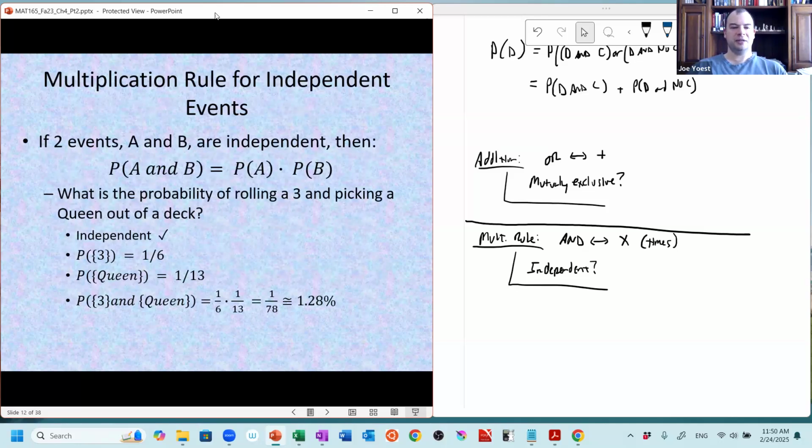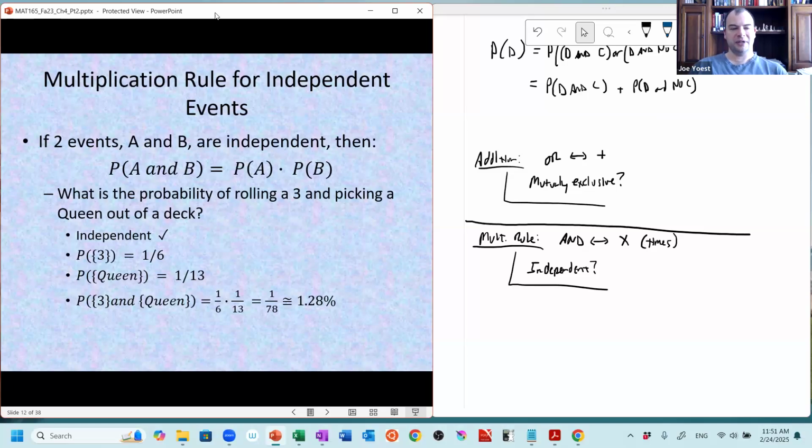If two events are independent, then the probability of the compound event A and B, that both events happen, is the probability of A times the probability of B. For instance, what's the probability of rolling a 3 and picking a queen out of a deck of cards?